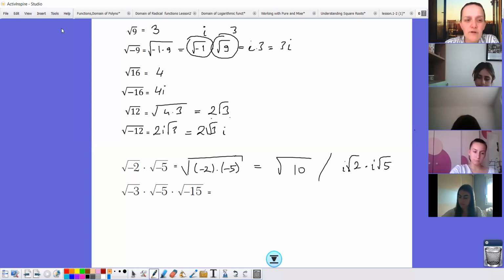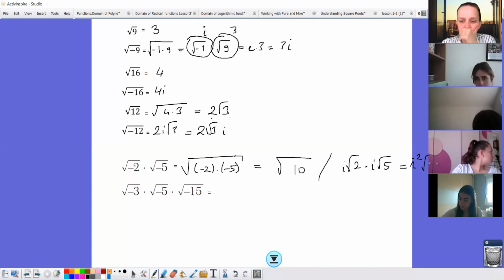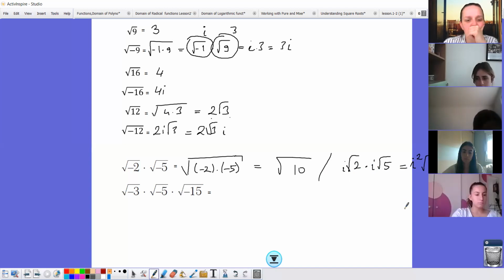Now, because we have multiplication in both, i times i will be i squared. Root of 2 times root of 5 will be root of 10.